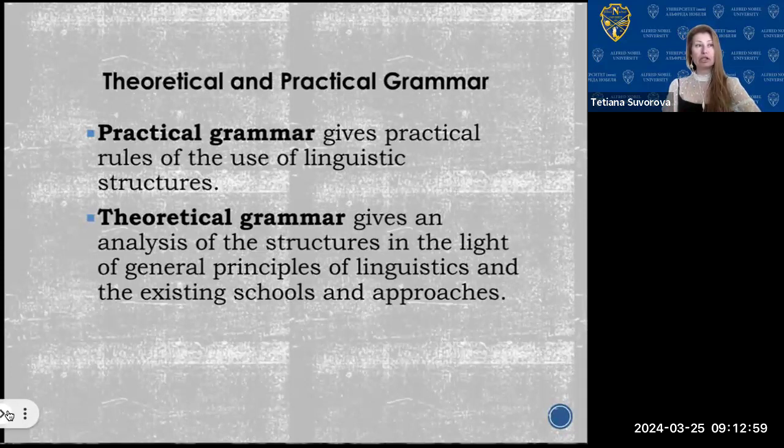So grammar, as we mentioned, is the rules of using and using in combination. This usage covers the combination of what is meant with the formal characteristics of it. So that is why we don't speak here about the phoneme. The phoneme is, as you know, the aspect and the object of phonetics, theoretical and practical as well.